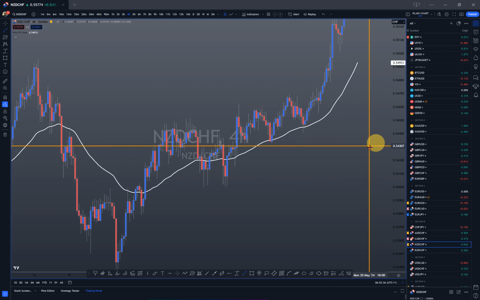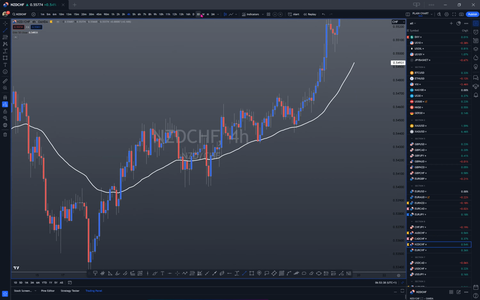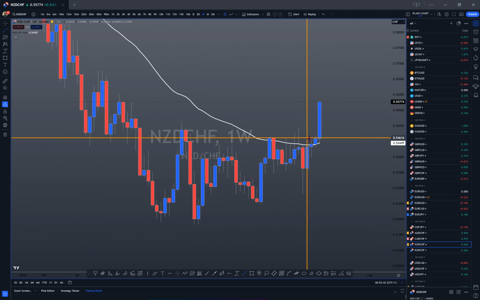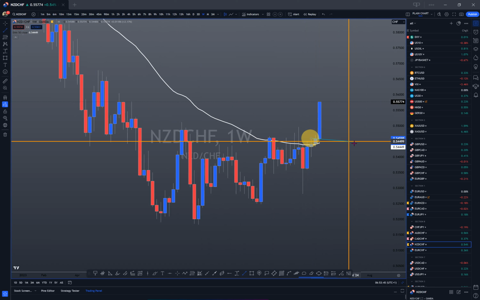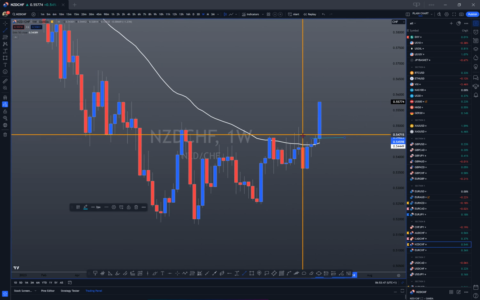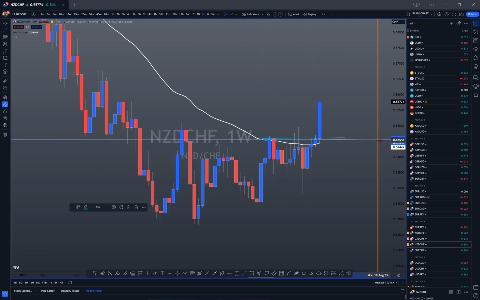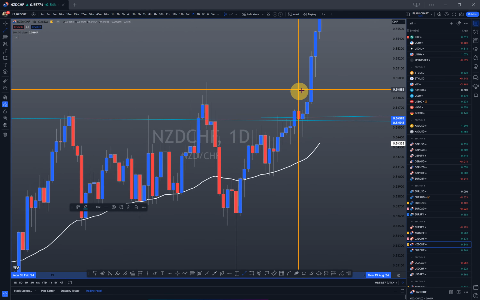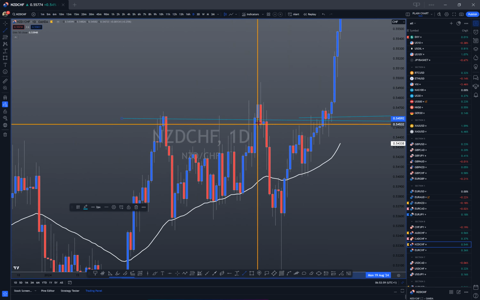So NZD CHF, same thing. We start from the weekly time frame, where we are waiting for price above the level. Here, price is clearly above the EMA, which is a fresh breakout. We go to the daily time frame, and there we are looking for price action.